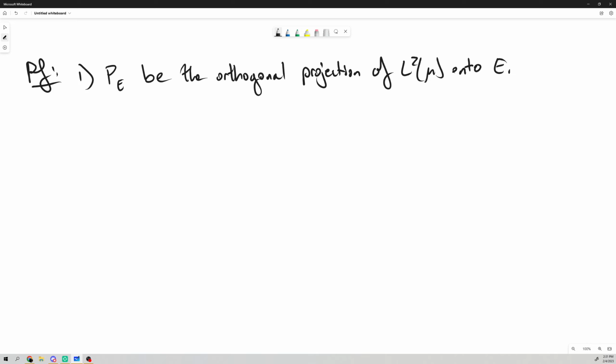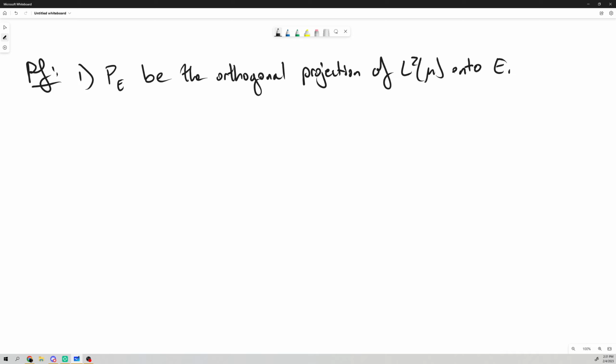If I have a closed subspace of a Hilbert space, then always, this is actually a theorem, and so orthogonal projection is a theorem. Given any point in the Hilbert space, there is a unique point in the closed subspace such that the difference of those two points is orthogonal to every point in E. That's the general definition.